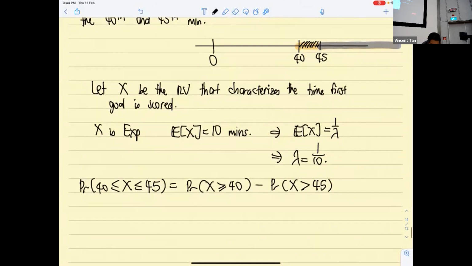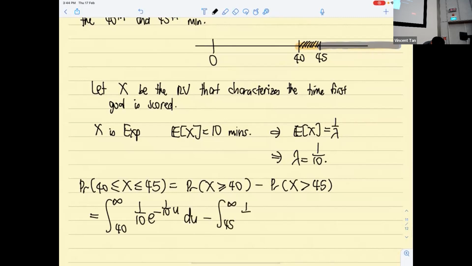These are exponential random variables, so I need to integrate from 40 to infinity of the exponential PDF. The exponential PDF is lambda e to the minus lambda u, and lambda is 1 over 10, so e to the minus 1 over 10 u du, minus the integral from 45 to infinity of 1 over 10 e to the minus 1 over 10 u du. The fact that 45 is not included here is immaterial, as I mentioned at the start of the lecture.